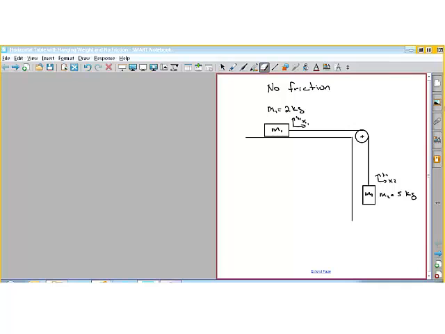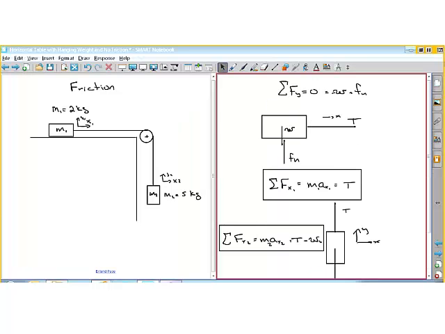So the last problem we looked at was we had this situation. But now we're going to put friction in here. So let's see how things change as we put friction. So one thing that changes is this top block.